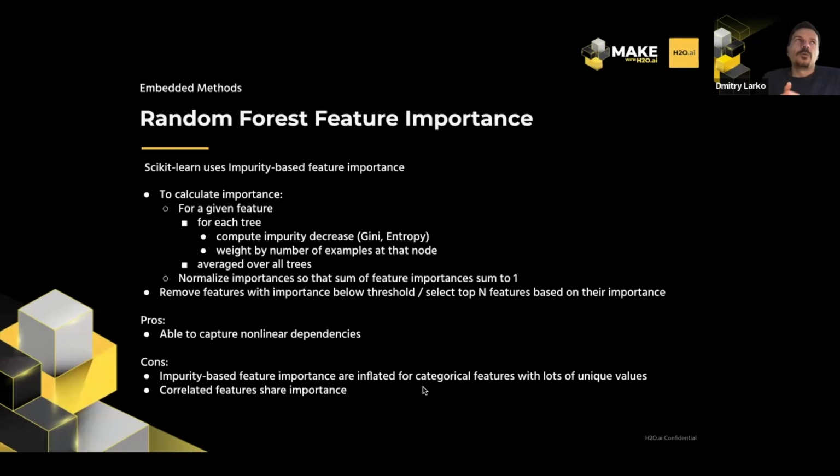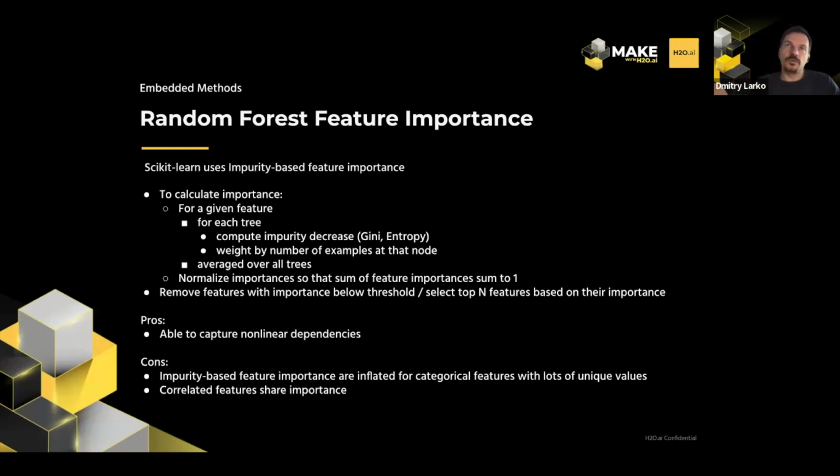Okay, what else can be done? Well, random forest, right? It can actually give us a feature importance at the end. So we're going to use that. That's actually a good idea, especially because in scikit-learn nowadays, they're using impurity-based feature importance. And the idea is quite simple. On each split, you measure how your impurity decreases.